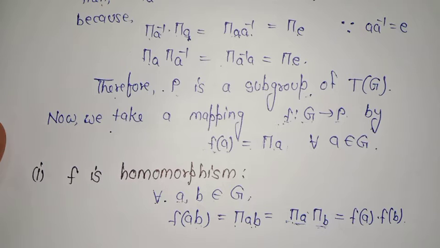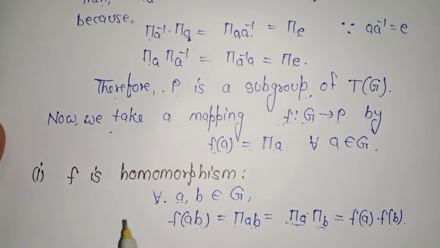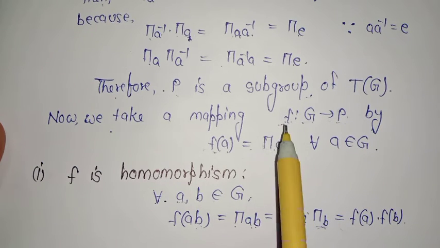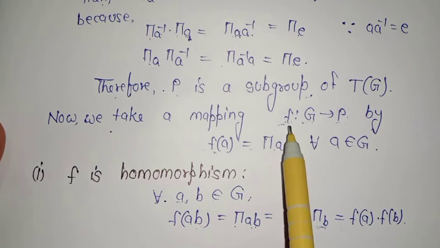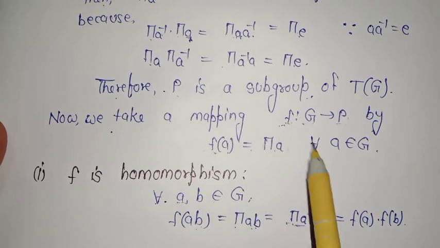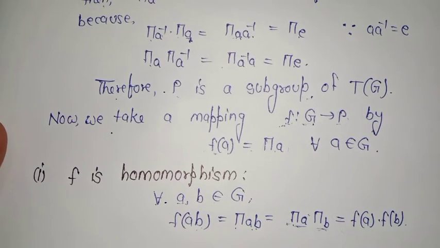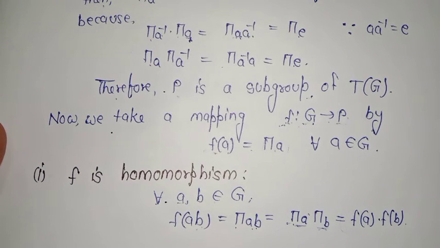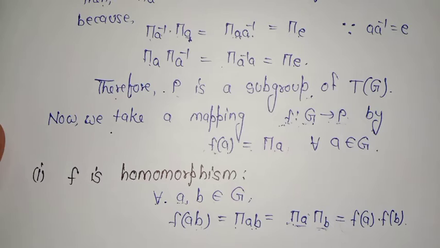So the condition of group homomorphism is satisfied. Now we will see whether this function is one-one and onto or not. If all these three conditions are satisfied, that is one-one, onto and group homomorphism, then we can say that G is isomorphic to the subgroup of its transformation group, and hence the Cayley theorem is verified.